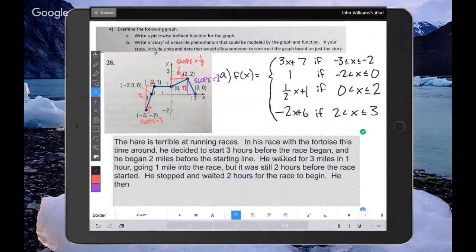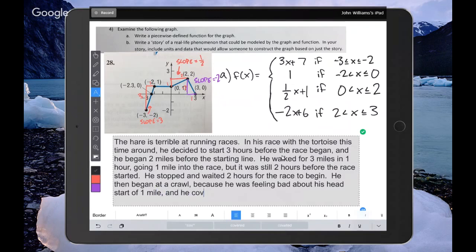He then began at a crawl because he was feeling bad about his head start of 1 mile.